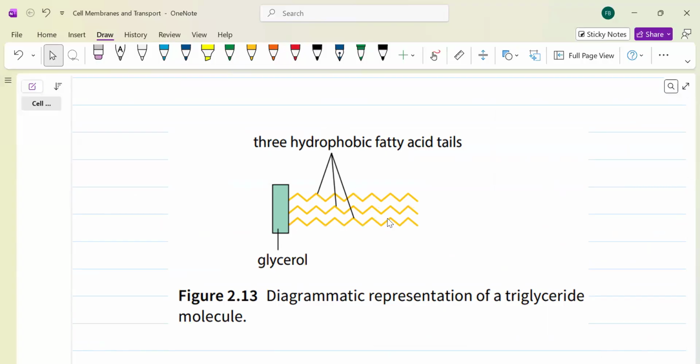In lipids, the most important type of lipid is triglycerides, if you remember. And how do triglycerides form? By one molecule of glycerol and three longer chains of fatty acid, three hydrophobic chains of fatty acid. When they combine, they form.